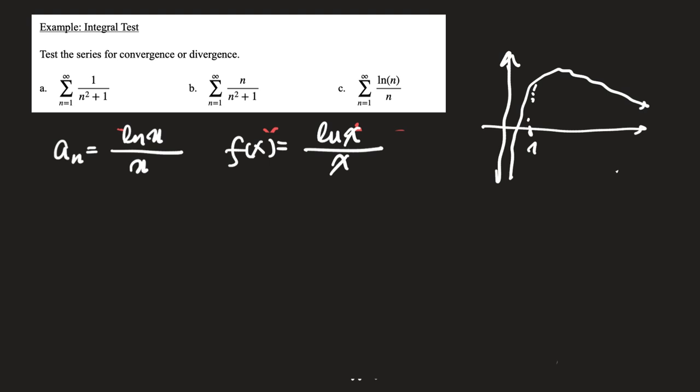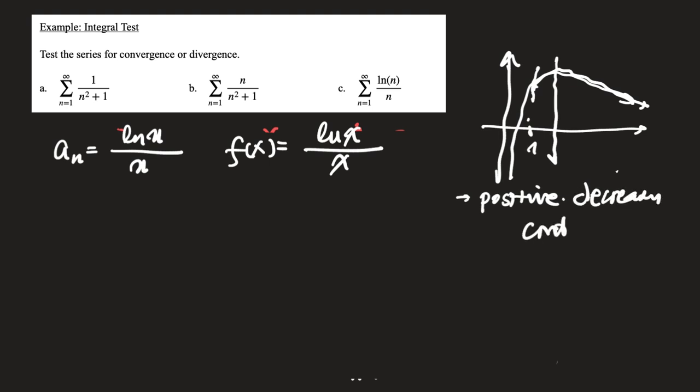This function is not decreasing at the start, but it is decreasing afterward. You don't need to worry too much about where the function starts decreasing. So this one is positive, decreasing, continuous.